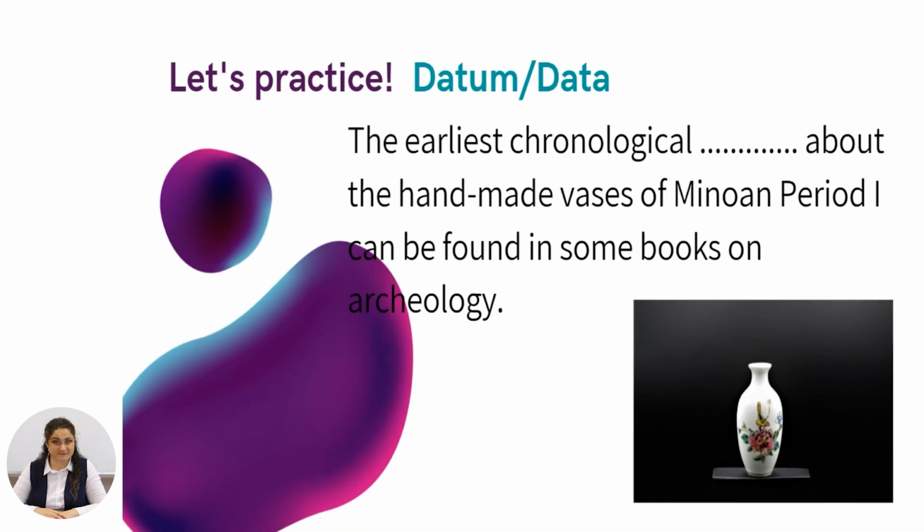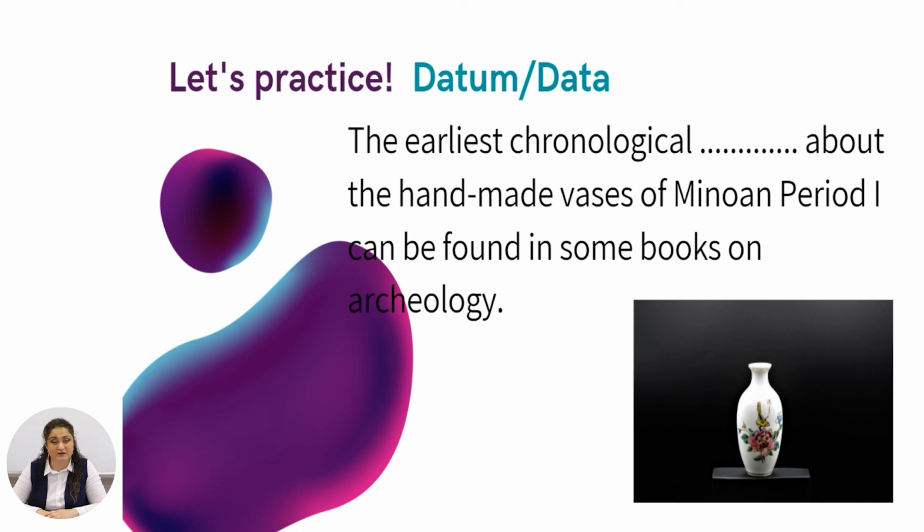Let us continue. Datum or data. The earliest chronological datum or data about the handmade vases of Minoan period first can be found in some books on archaeology. If we speak about the chronological things, we speak about them in plural.